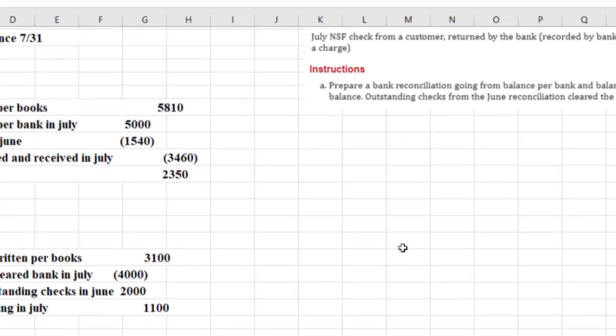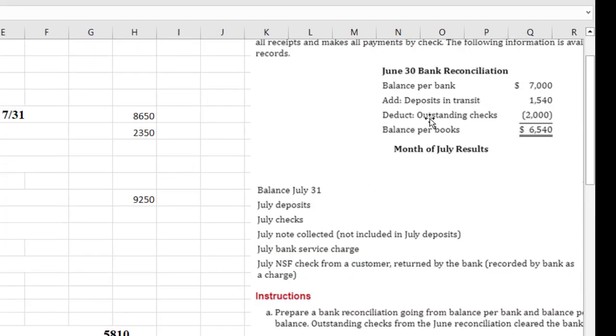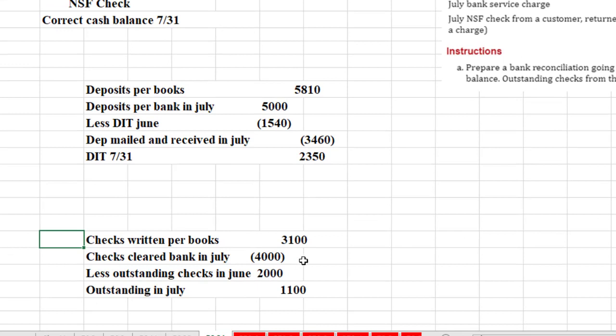But of those 4,000, some were from the June activity. In other words, we didn't have $4,000 worth of July checks clear. We had $4,000 worth of checks clear. 2,000 were from June, and so only 2,000 of the July checks cleared. And so that means that we still have 1,100 checks out there that haven't cleared yet.